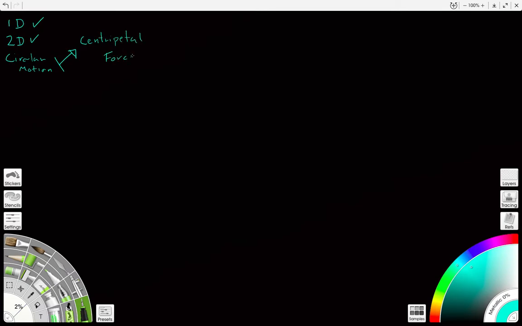You know, this phantom force that we all feel, but some of us wrongfully call centrifugal. With this lesson, we'll figure out why this thing doesn't actually exist. To call this type of force centrifugal is completely wrong.